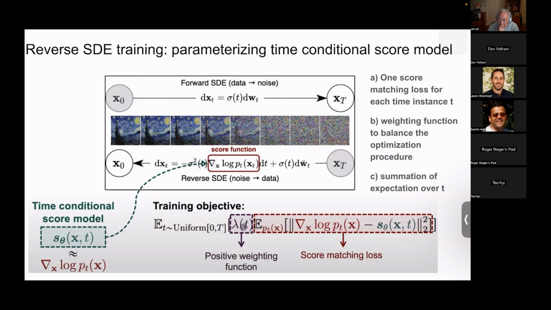Because it's a continuous time function, T is a positive weighting function that is used for facilitating the optimization for a time step. And I think it is sigma squared that they use. Sigma is, as you recall, the variance of the noise, the diffusion coefficient, which is a noise schedule that they have.